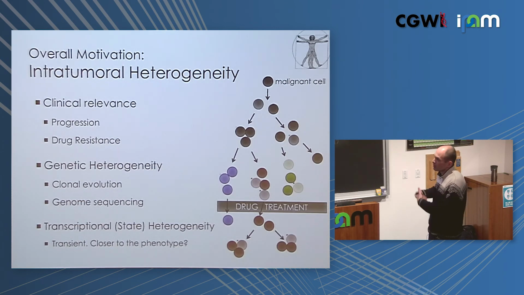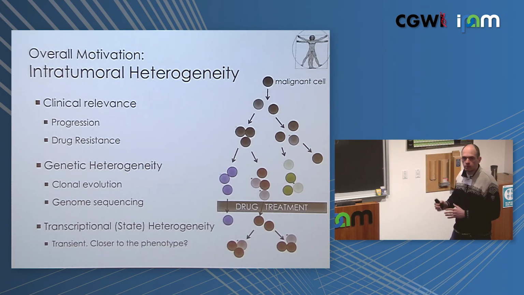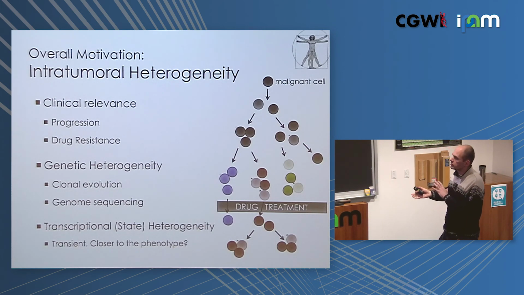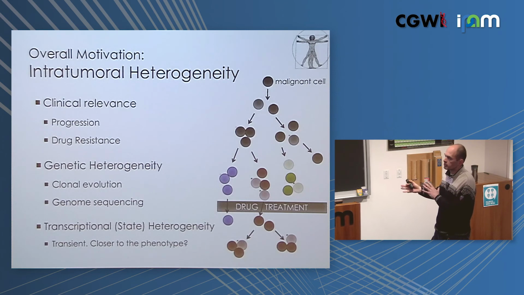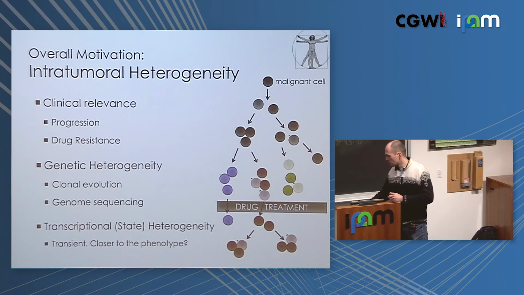And so, what relevance they have to the actual progression of the disease or response to treatment, that remains to be seen. But computationally, it's useful to have these types of methods that allow you to group the cells within these tumors according to both transcriptional state, genetic state, and hopefully epigenetic state as well.